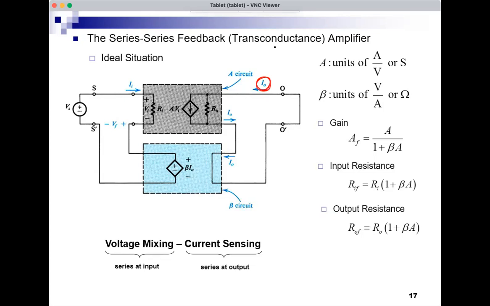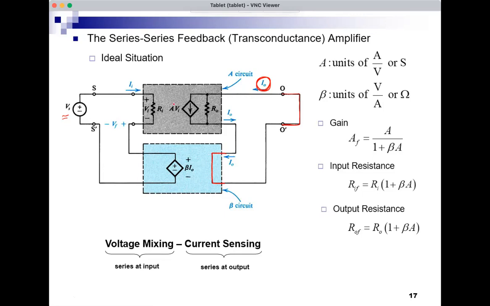Transconductance amplifier is a voltage controlled current source. So it's controlled by an input, which is a voltage, to produce an output, which is a current. So in this case, the ideal situation would be a short circuit at the output. And the ideal beta would have a short circuit here, because the output quantity is a current.